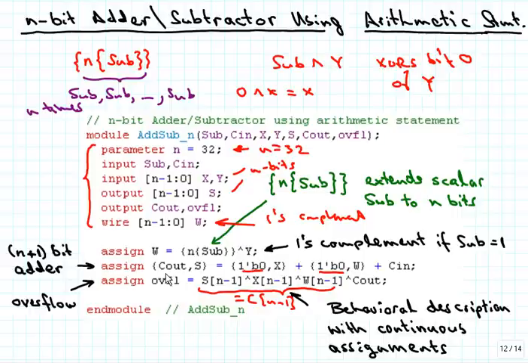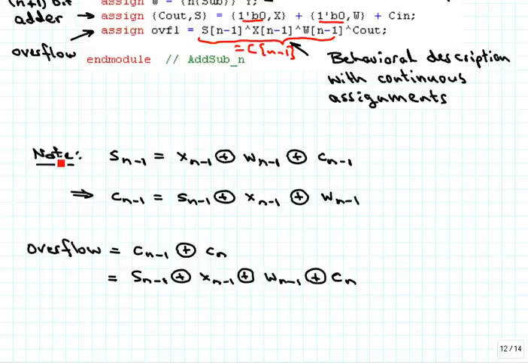So here is the explanation of how we get that C sub n minus 1 and then the overflow condition. We know that the bit with n minus 1 index in the sum is the XOR of x sub n minus 1, w sub n minus 1, and c sub n minus 1. And so we can turn this around.